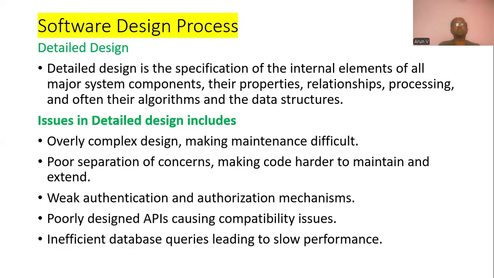In this design process also, there are different issues, like complex design making maintenance difficult. With poor separation of concerns, for example, if you are not able to break it into smaller units, it is very difficult to maintain and extend the code, right? If there is weak authentication and authorization in individual units, they are definitely vulnerable to attacks.